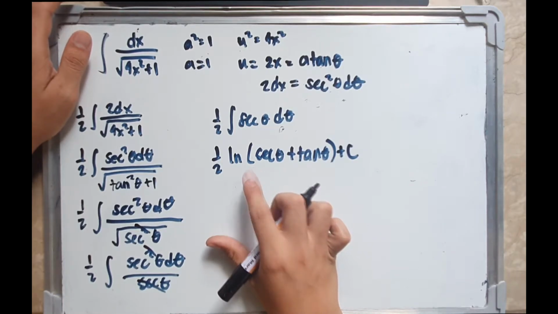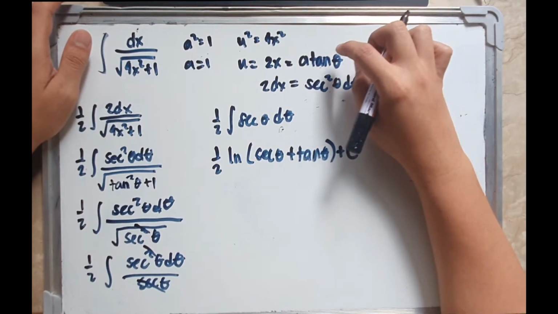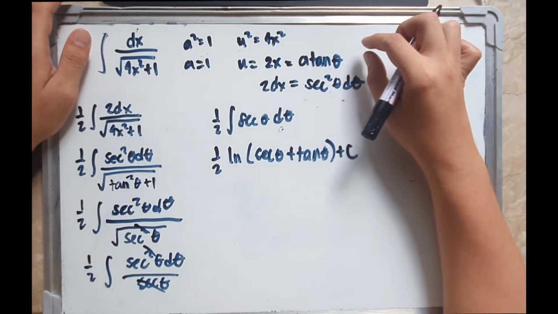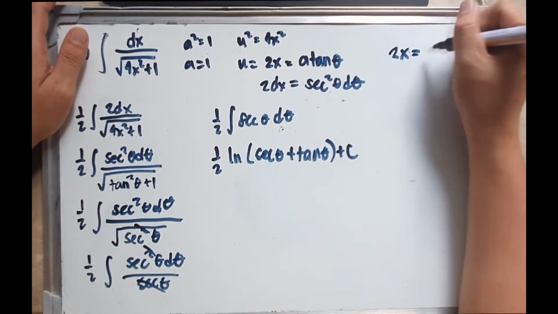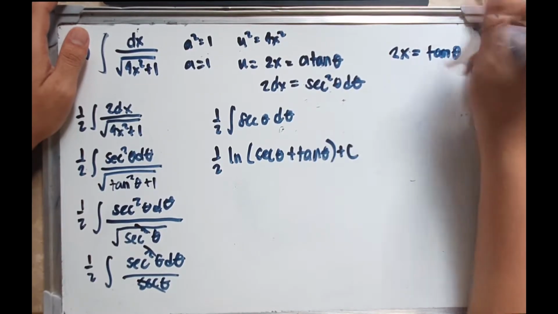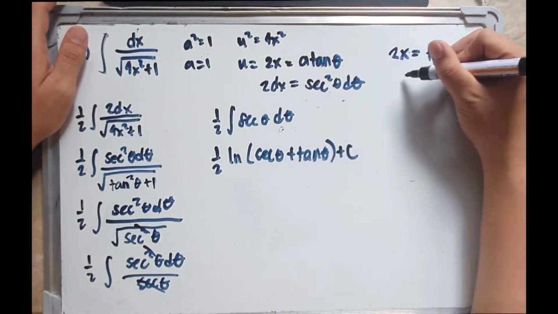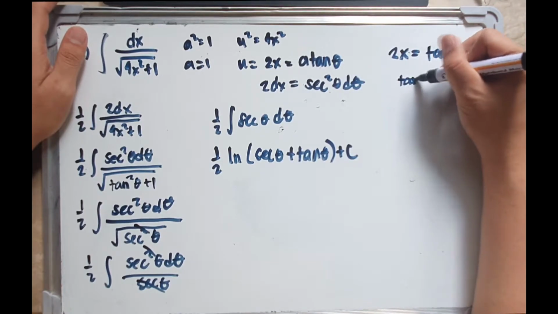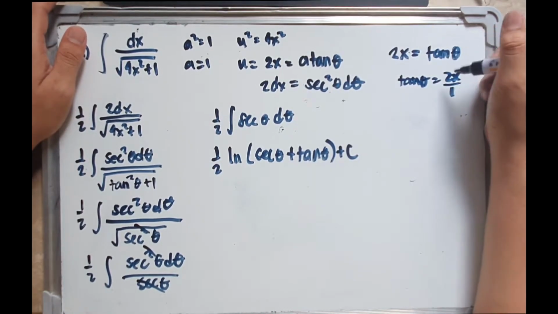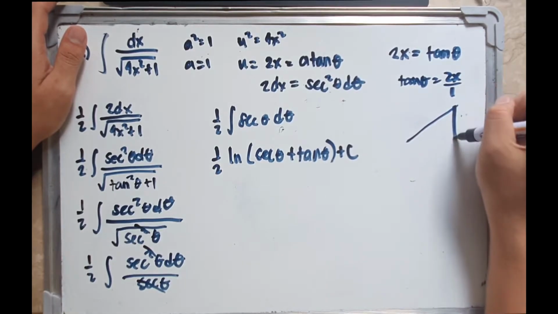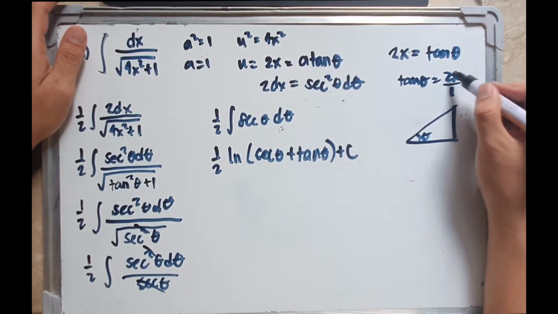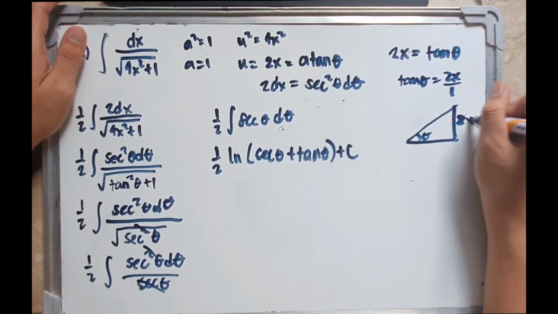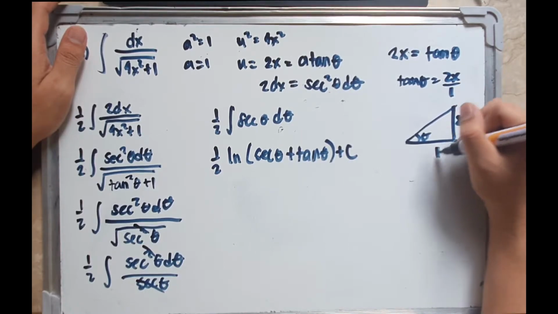Let's convert this in terms of the algebraic function. Let's have the value of the one that we have substituted from the algebraic form. So 2x is equivalent to tangent theta, since our a is again 1. So tangent theta is clearly 2x over 1. If we construct our right triangle, for tangent theta, this is opposite 2x, and this is adjacent 1, TOA.